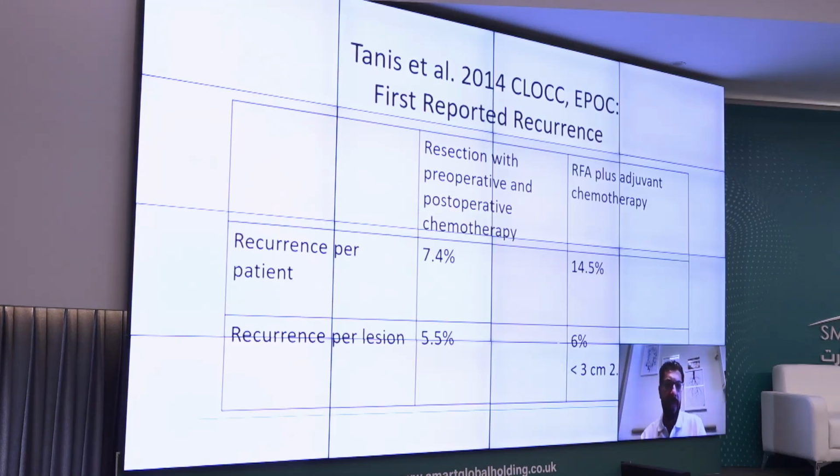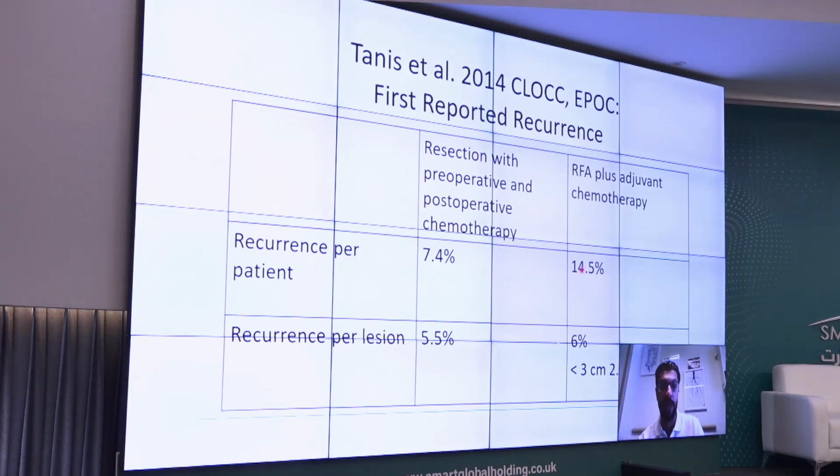There was also a study by Tanis and his group in 2014 that showed recurrence per patient and recurrence per lesion for resection and chemo, both pre- and post-operative chemo, versus radiofrequency ablation plus adjuvant chemotherapy. Recurrence per patient was significantly more after the radiofrequency ablation.